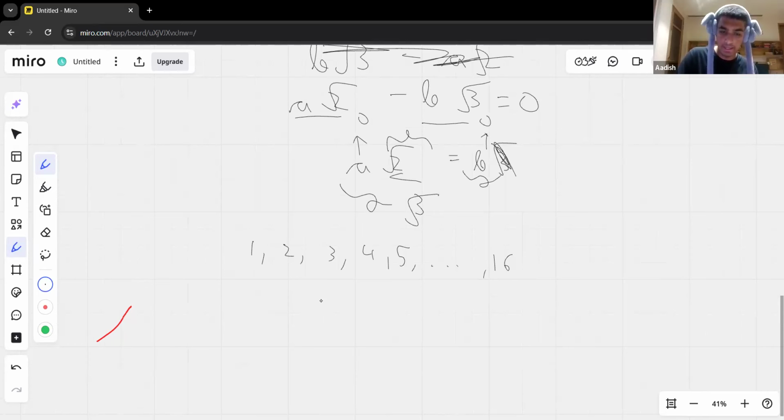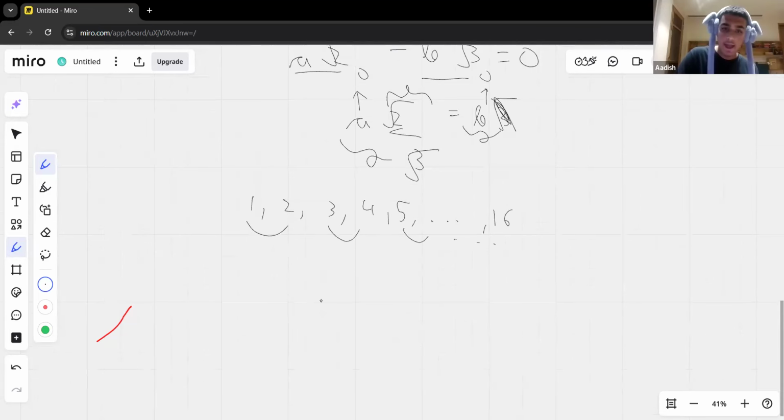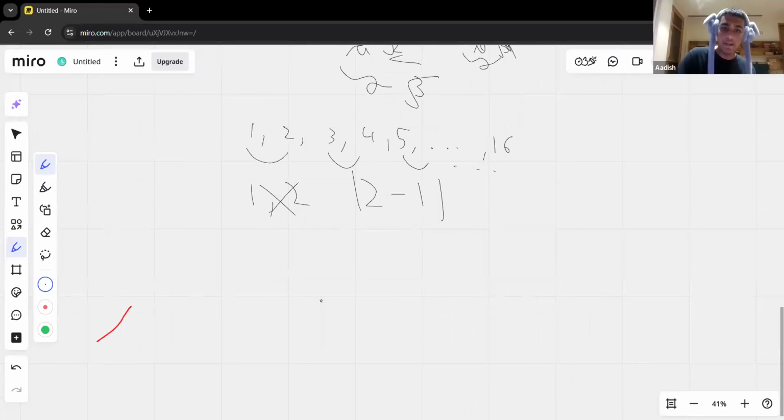So there are 16 numbers, you make 8 pairs. Suppose you pair up 1 and 2, 3 and 4, 5 and 6, and so on. Then in any pair, you erase both the numbers and you write the absolute value of their difference on the board. So if I paired up 1, 2, 3, 4, 5, 6, and so on, I will end up with 8 copies of 1, right?